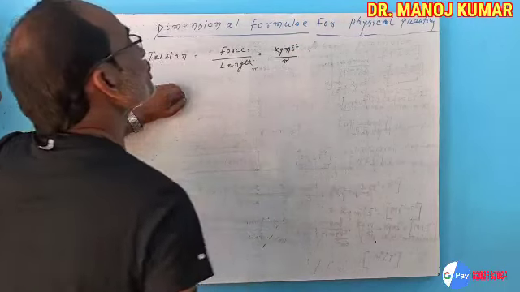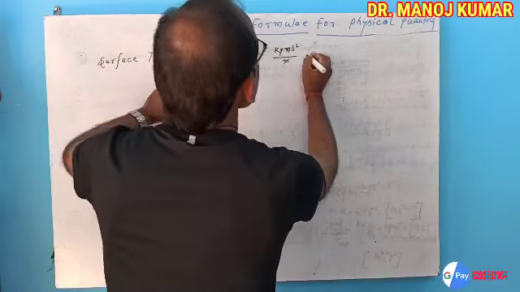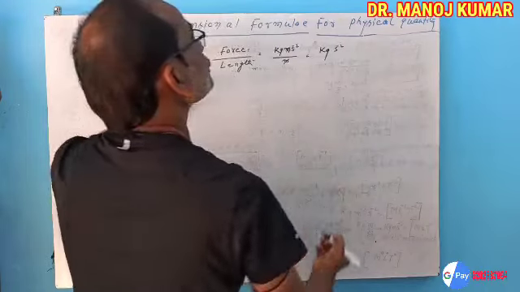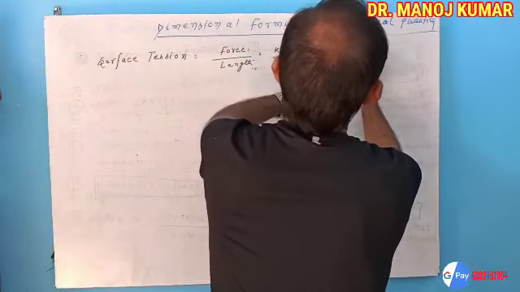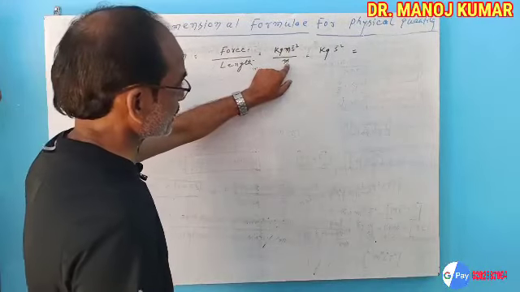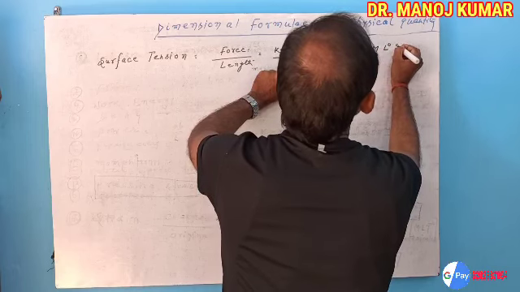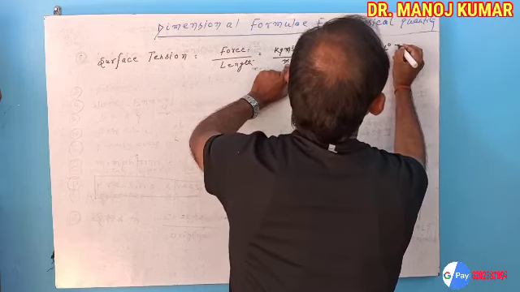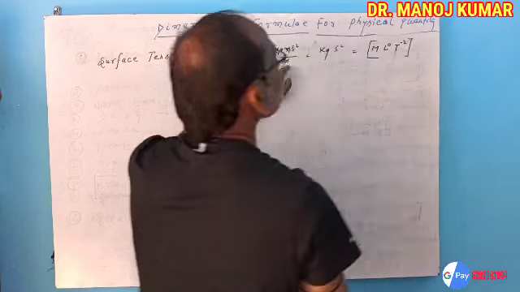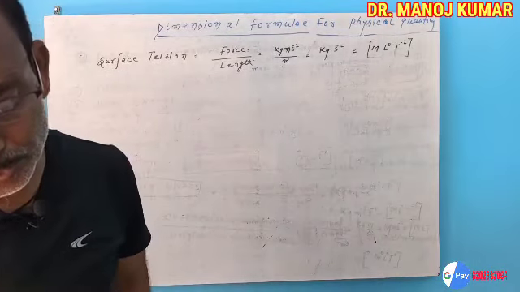So these both are eliminated. Now we have only kg s minus 2, and their dimension here M is present, L is not present. So we write M L naught T to the power minus 2. M L naught T to the power minus 2.